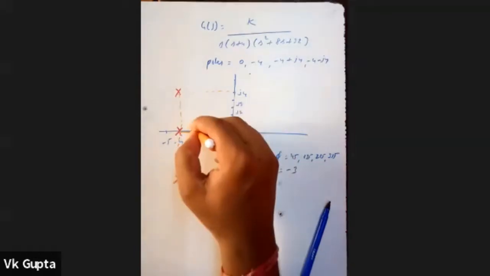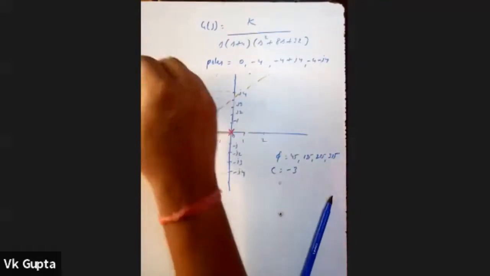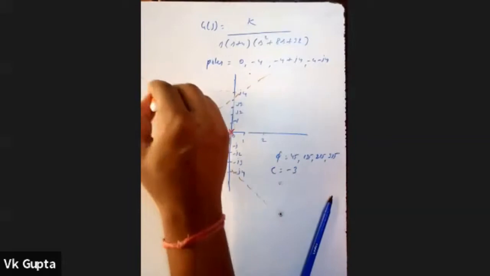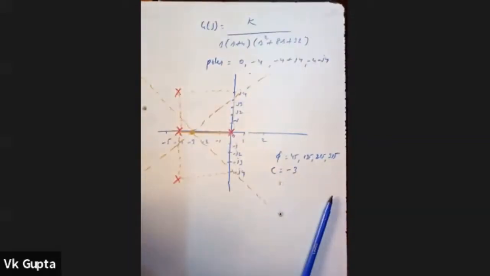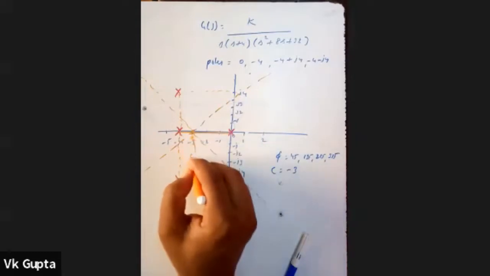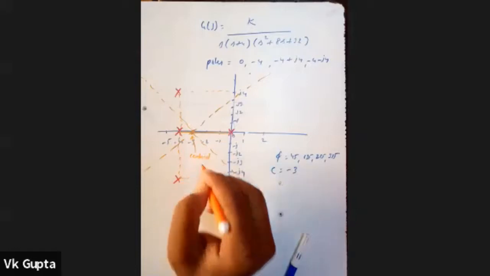So I'll get 45, these are my asymptotes, and this is centroid.